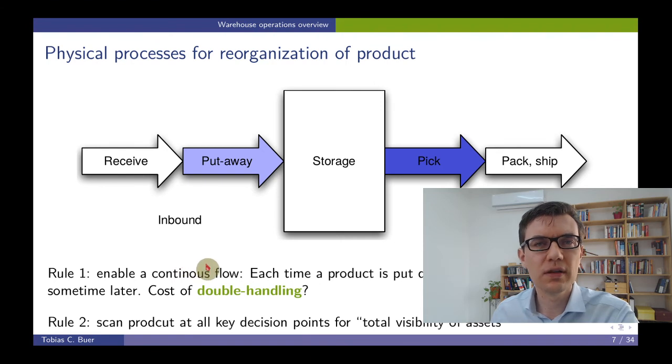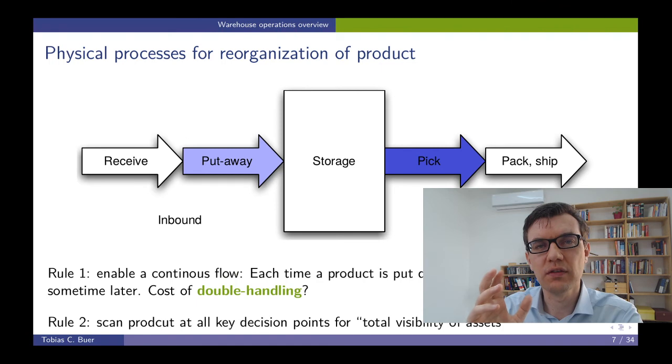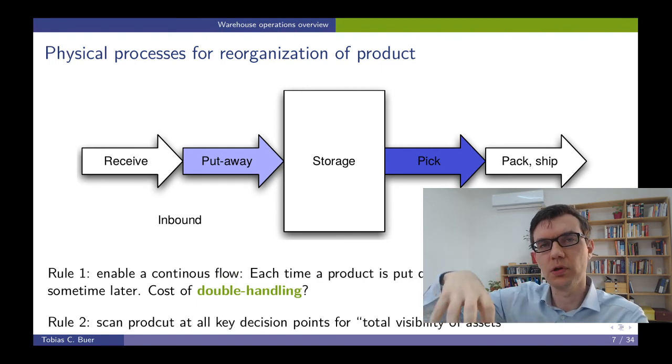To make all these steps as smooth as possible, remember the fluid model, it is crucial that we ensure a continuous flow of goods. Therefore, we need to remind ourselves that every time we put the product on the ground, the flow is interrupted, stopped, and later on it needs to be picked up again.